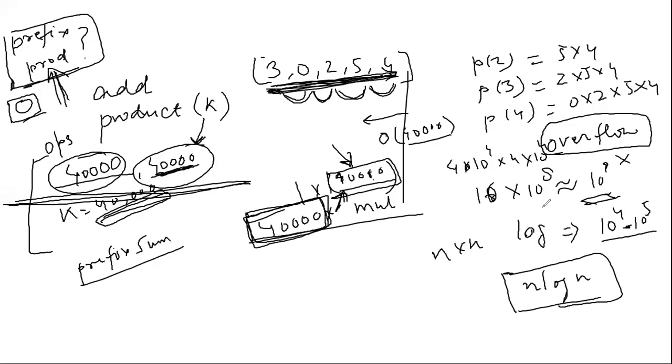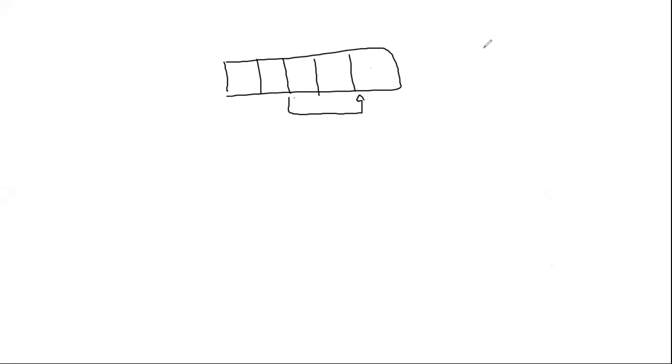I can't see my whiteboard. Okay, let's clear all drawings. So this prefix sum idea is, you are given an array, fill anything here, and you are asked, can you tell me the sum between i to j?